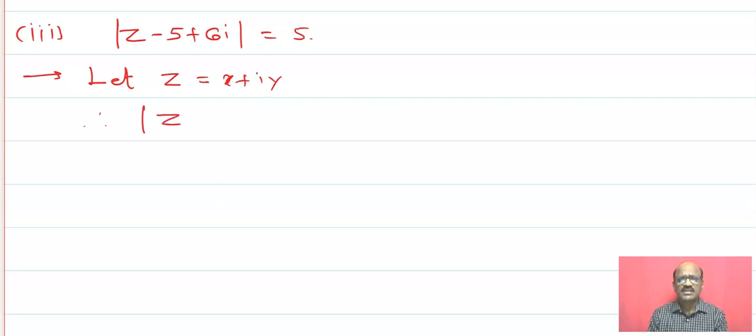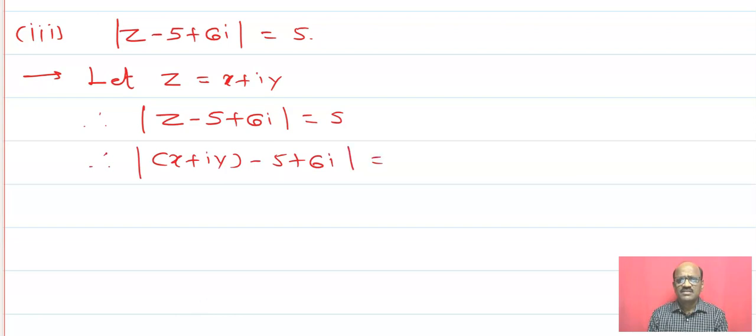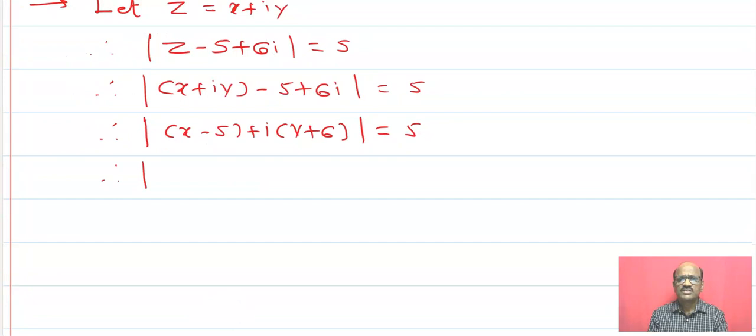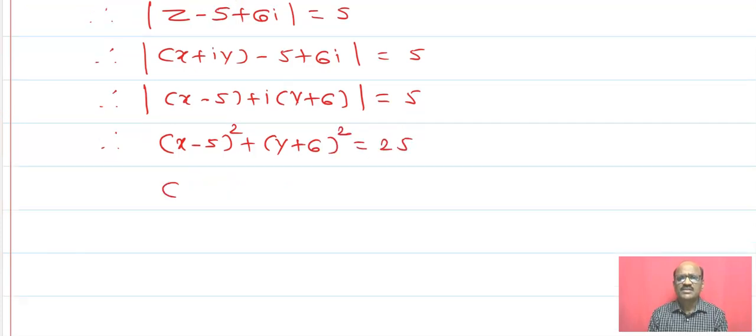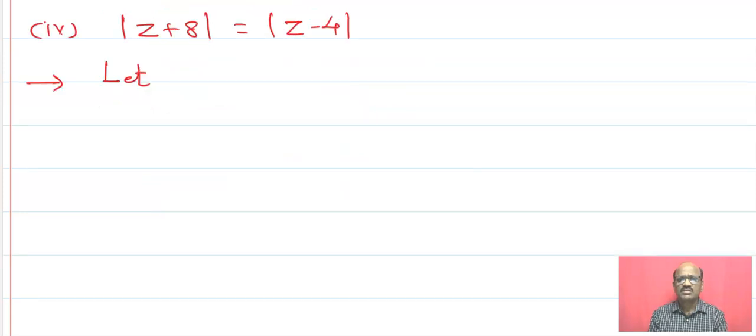Now both parts are present here, that is minus 5 is the real part and 6i is the imaginary part, and the value of z is x plus iy, therefore it is written like this: x minus 5 plus i times y plus 6 is equal to 5, that is itself in modulus, therefore under root of x minus 5 bracket square plus y plus 6 bracket square is equal to 25, and again this is the equation of the circle. This locus equation you will learn in the circle chapter of M1.